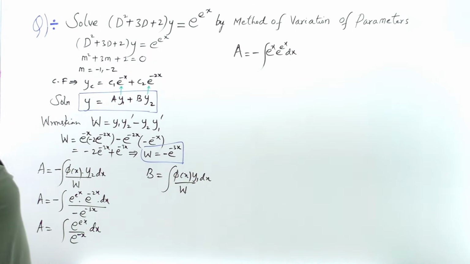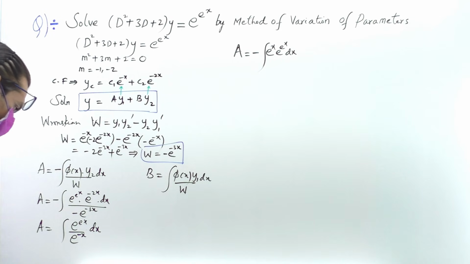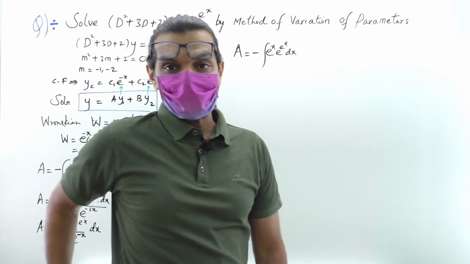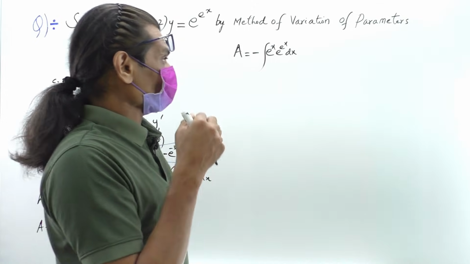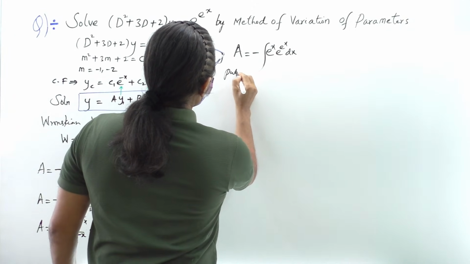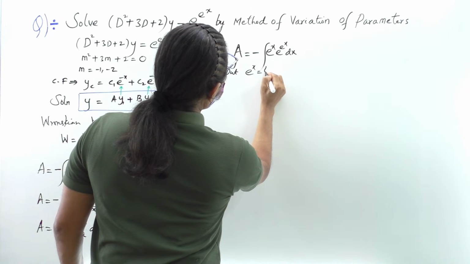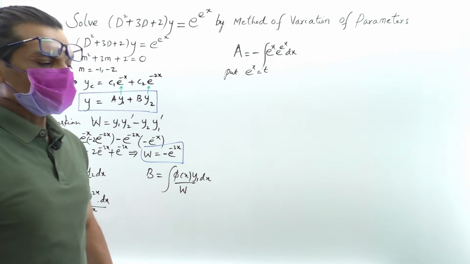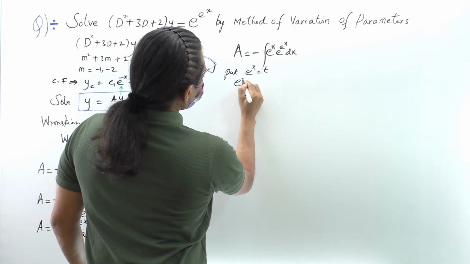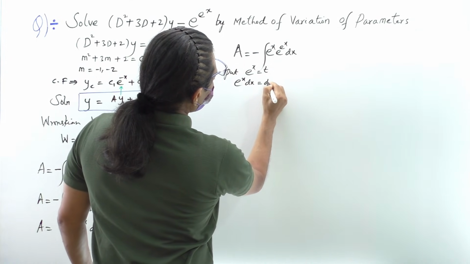Okay, now let's solve for this. When you are solving by method of variation of parameters, whenever you encounter in the problem exponential e raised to x, always put what? E raised to x equals t. Okay, that is by substitution. Differentiate, so we get e raised to x dx equals dt.